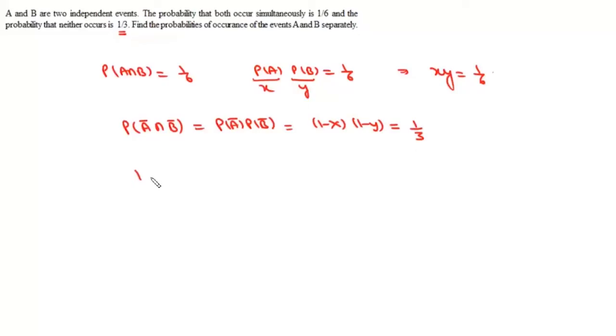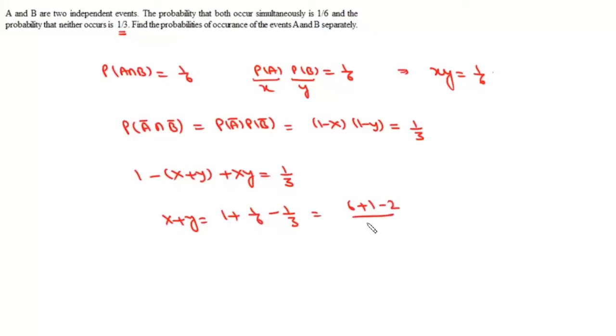Now we can write this is 1 minus X plus Y plus XY, and it will be equal to 1 by 3. Now X into Y is 1 by 6. Now here X plus Y will be 1 plus 1 by 6 minus 1 by 3. So it will be 6 plus 1 minus 2 whole divided by 6, which is simply 5 by 6.